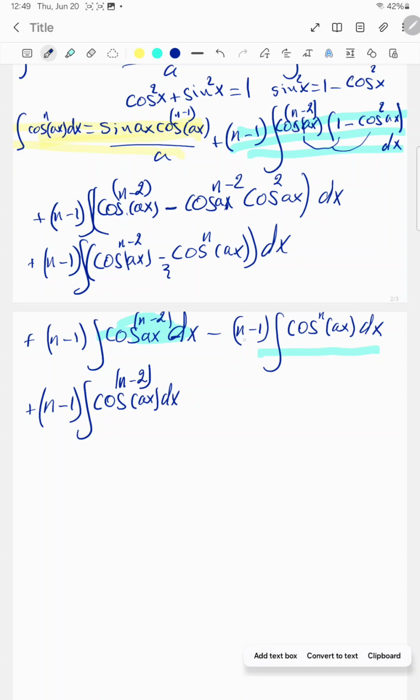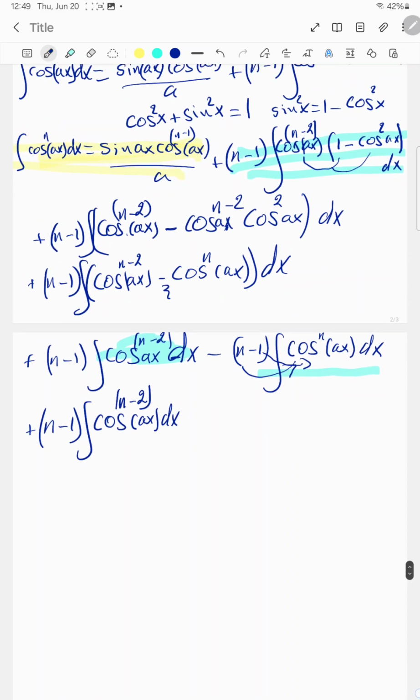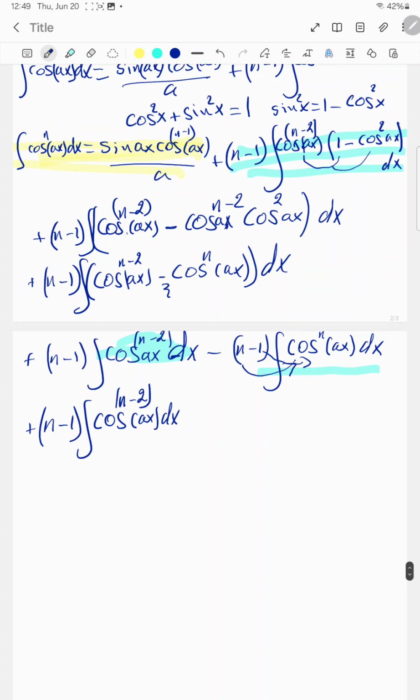I can multiply the n by cosine to the power n ax and the minus 1 by the cosine to the power n ax. But first, let's say minus n integral of cosine to the power n of ax, and minus times minus is equal to plus, plus integral of cosine to the power n ax dx. We're almost done. There is dx here.